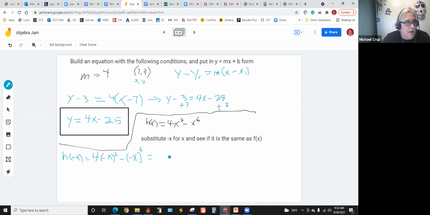Now, whenever you've got an even number of negative signs and you're multiplying, it's going to end up being positive. So negative x times negative x is just plain old x squared. So 4x squared minus, and then the same thing here, because we've got x to the sixth, you've got 6 negative signs. So multiply negative x times negative x, six times, and you end up with positive x to the sixth.